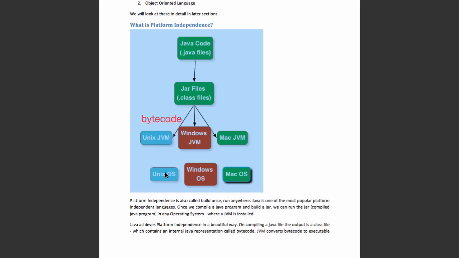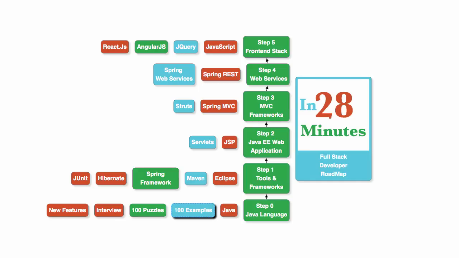So even though the executable instructions of Unix are different from that of Windows, the way Java achieves platform independence is having a different JVM for Unix and a different JVM for Windows. However, the common thing for those two JVMs is the fact that they both understand bytecode and they would convert this bytecode to the executable instructions of that specific operating system.